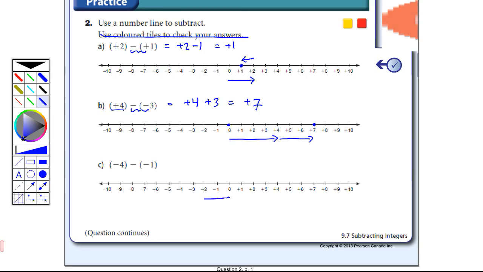From 0 I'm going to go to the left, minus 4. And what I have here is my two terms. I have negative negative, so that really is minus 4 plus 1. So the plus 1 will go to the right and leave me at minus 3. And that's number 2.